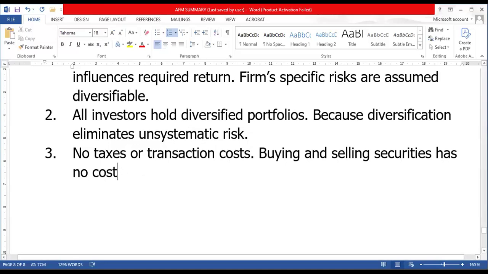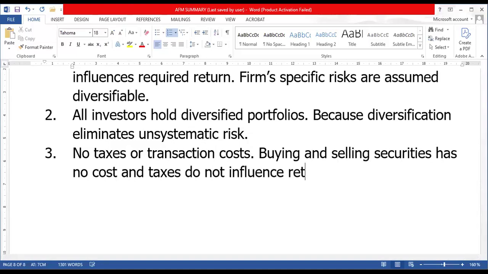Taxes do not influence the return. That is assumption number 3.